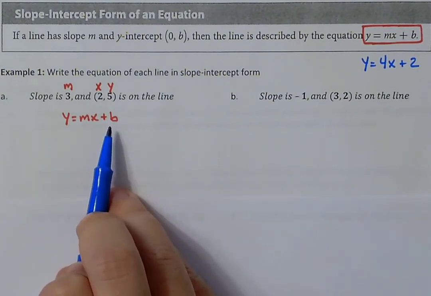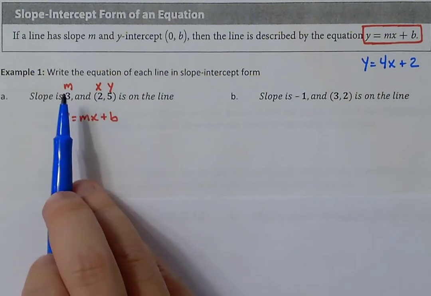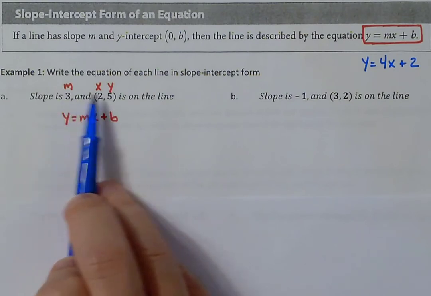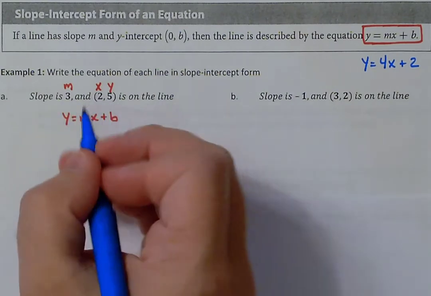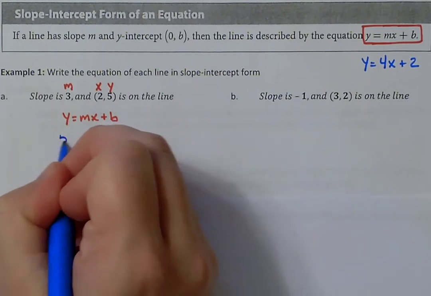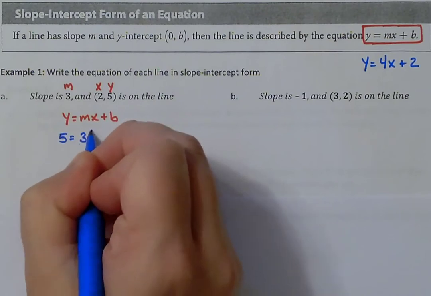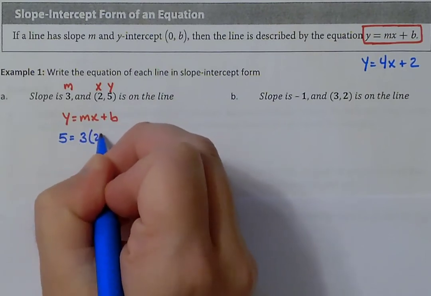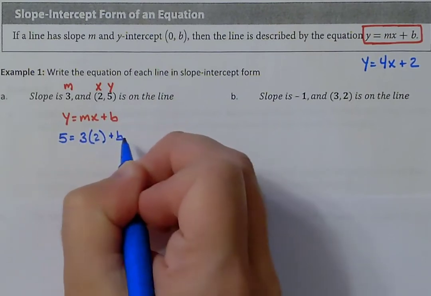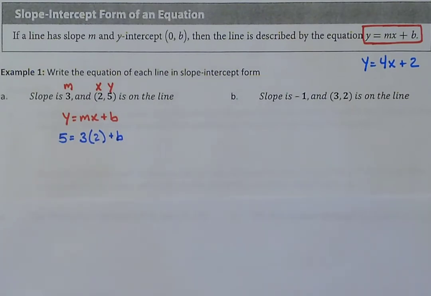So to figure out our y-intercept, we're going to plug in my value for m and then my x and y. This is going to allow me to then solve for b, because we're going to have 5 equals 3 times 2 plus b. I don't know what b is yet, so we're not going to plug anything in for that spot.